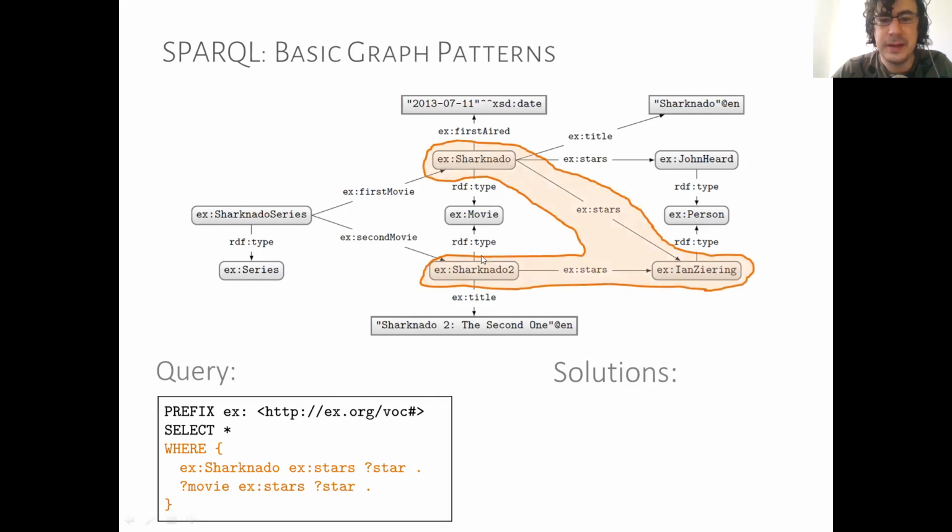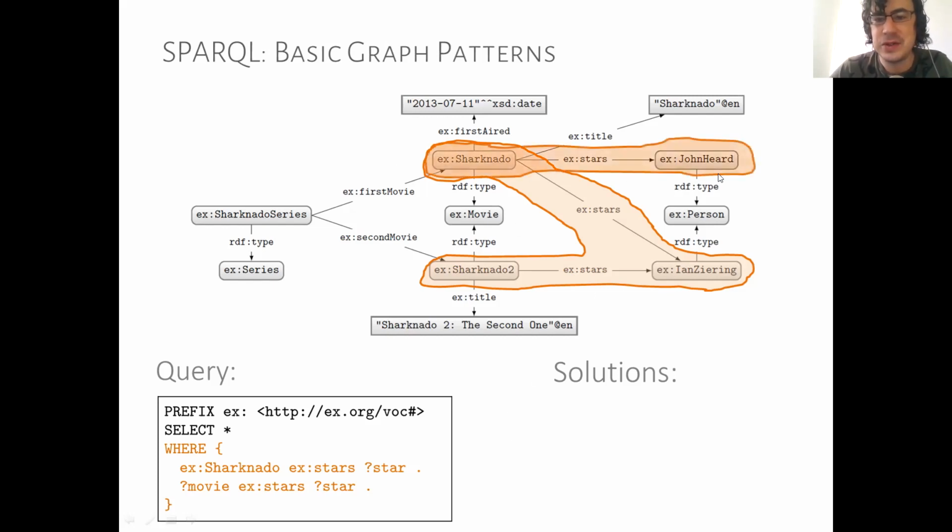Another would be to map movie back to Sharknado again. If we replace star with Ian Ziering and movie here with Sharknado, we get Sharknado stars Ian Ziering, Sharknado stars Ian Ziering, and that's essentially a duplicate triple, but both of the triples are contained in the RDF graph, so it's also a solution.